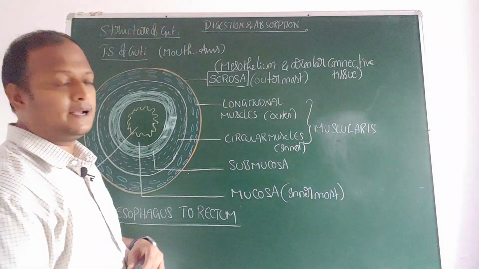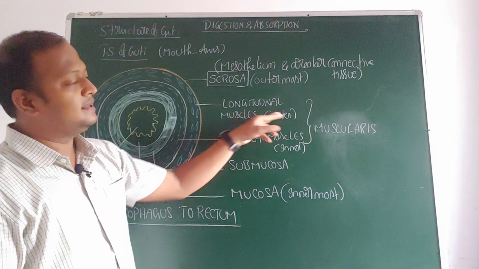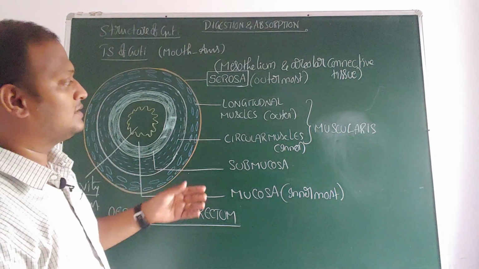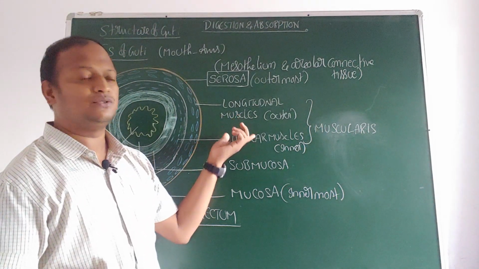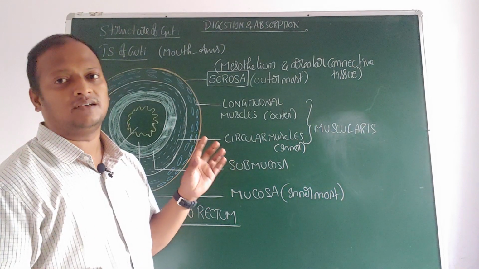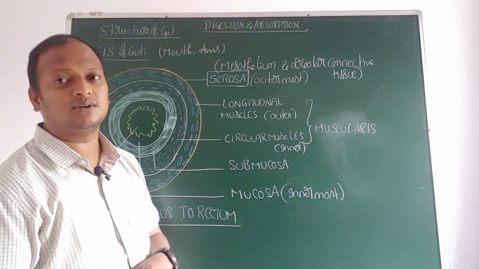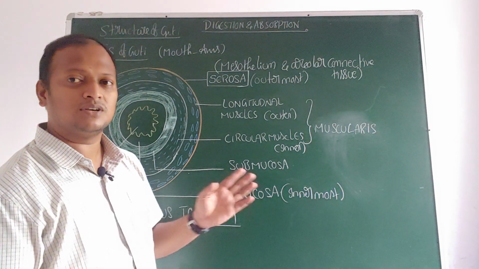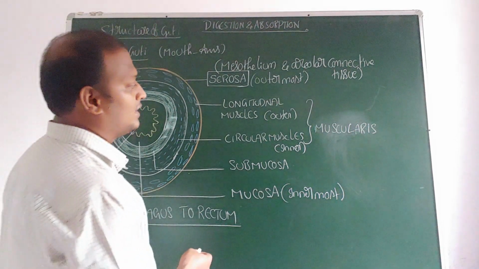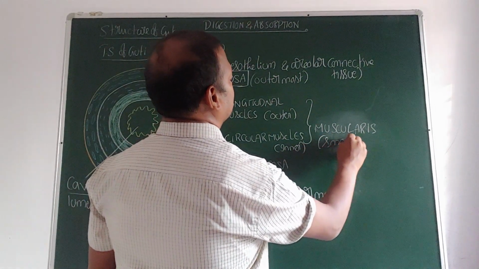Okay, students, right. Next, the second layer. What is the second layer? It is muscularis. What is muscularis? Outer longitudinal, inner circular muscles. So in any of the internal organs, what type of muscles are these, students? Yes, those are smooth muscles. Both are made up of smooth muscles.